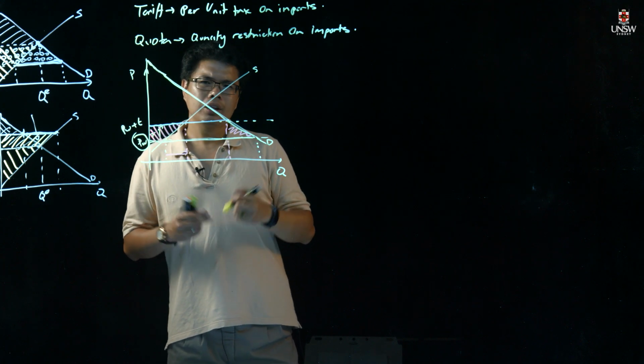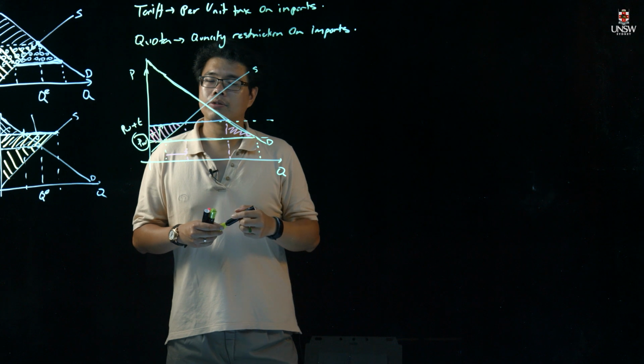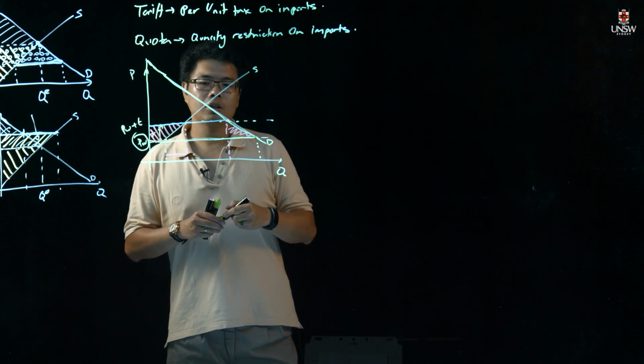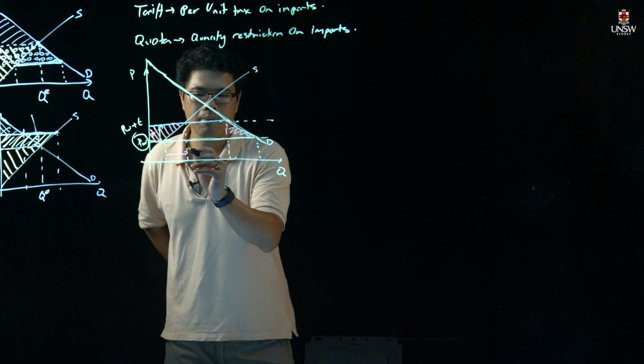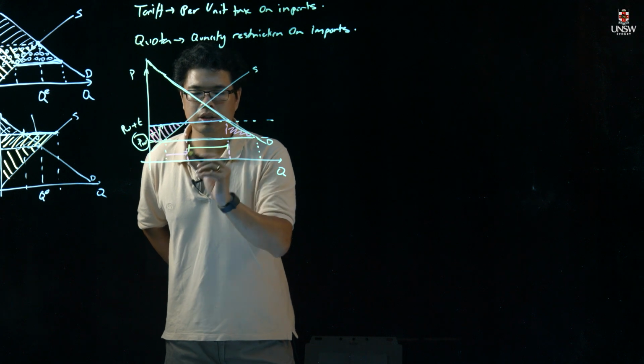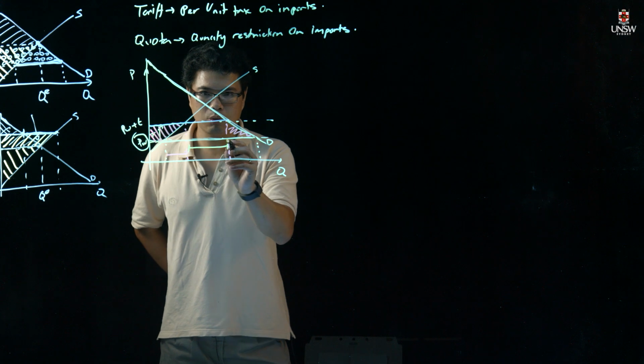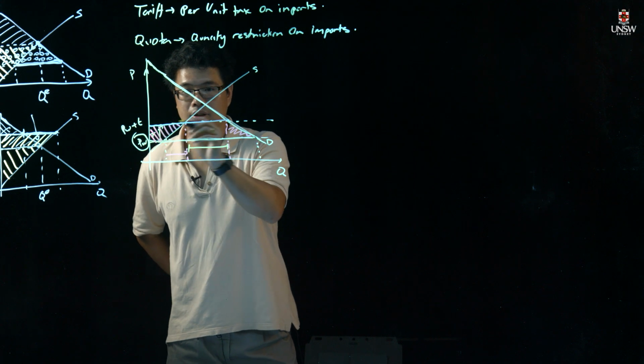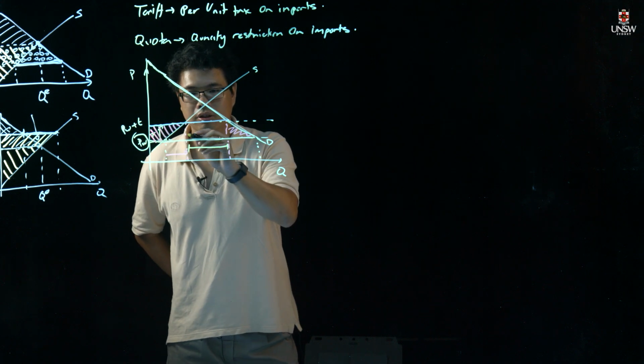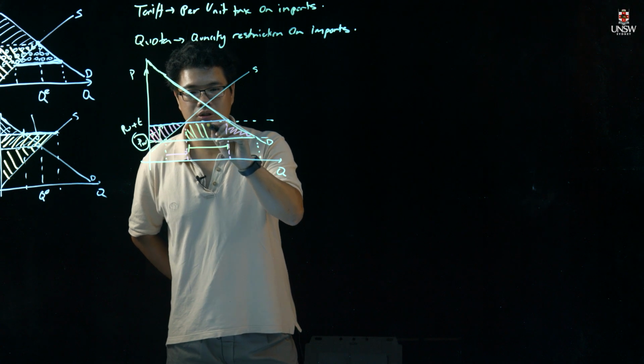Well, think about who actually gets the tariff. It's imposed by the government, right? So any amount that's been imported is subject to a per unit tariff. So this is the quantity that's been imported. This height here is the value.